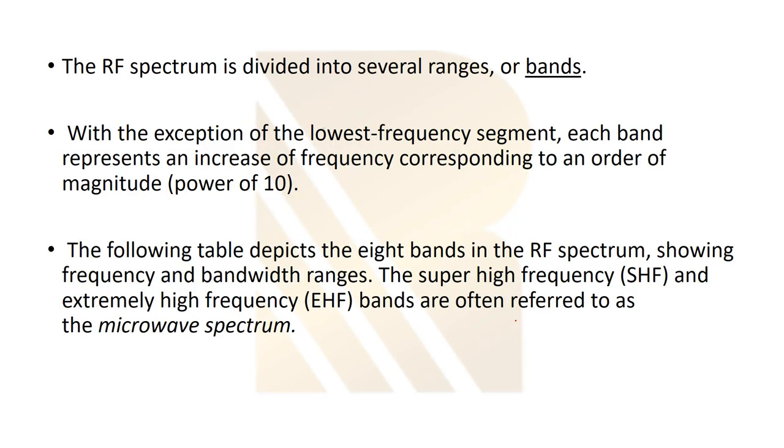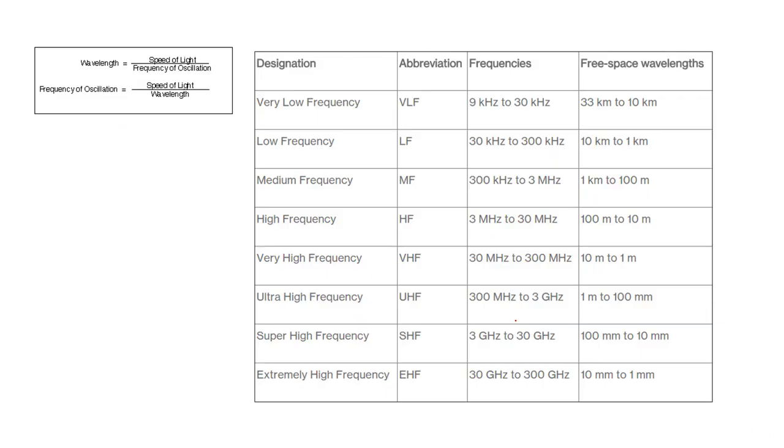The RF spectrum is divided into several ranges or bands. With the exception of the lowest frequency segment, each band represents an increase of frequency corresponding to an order of magnitude. We are going to explain the RF spectrum in the following table, and as you see in this picture, we can divide the RF frequency range into different groups.